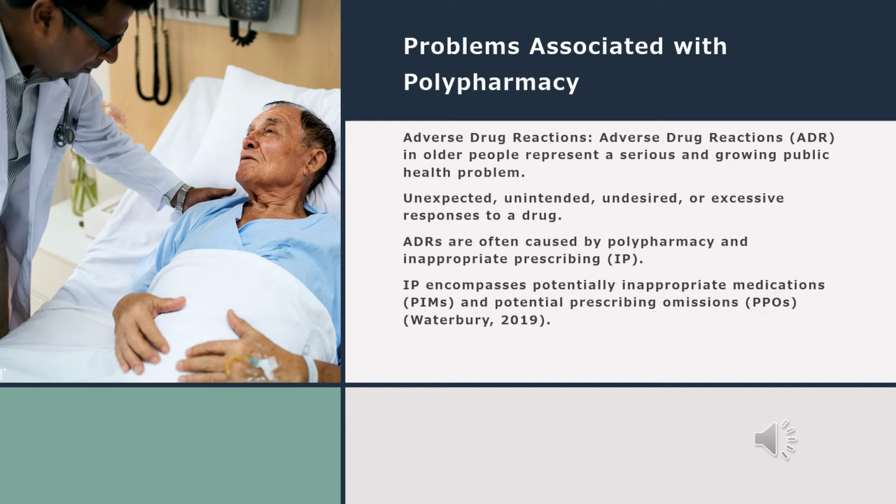Adverse drug reactions are usually caused by polypharmacy and inappropriate prescribing. So inappropriate prescribing, or IP, encompasses potentially inappropriate medications, which are called PIMs, and potentially prescribing omissions, or PPOs. And we will discover these a little bit later in this PowerPoint.